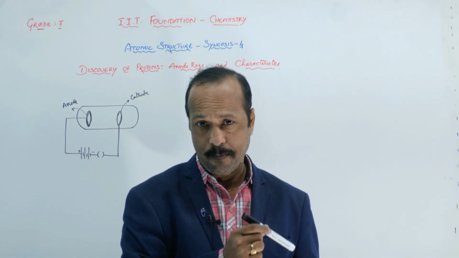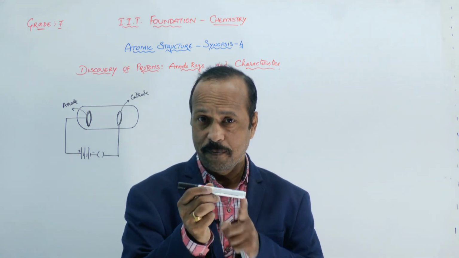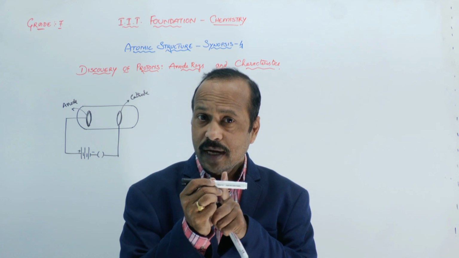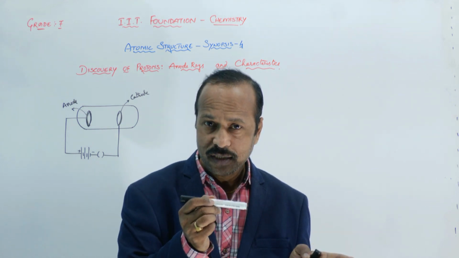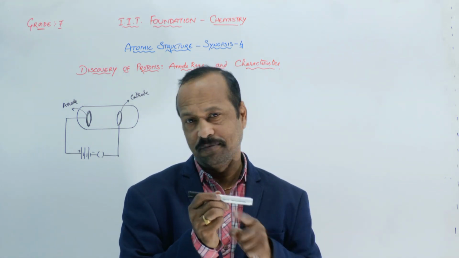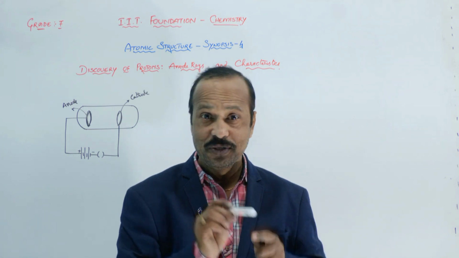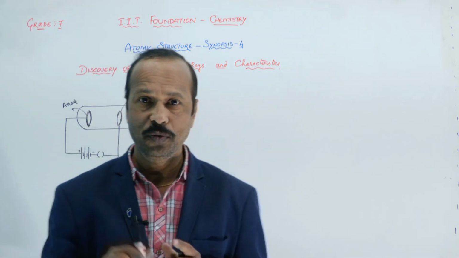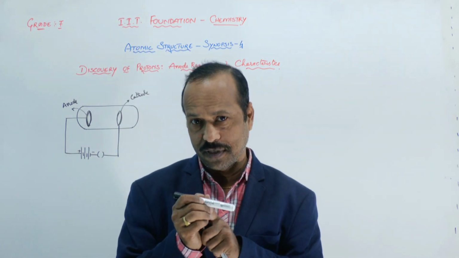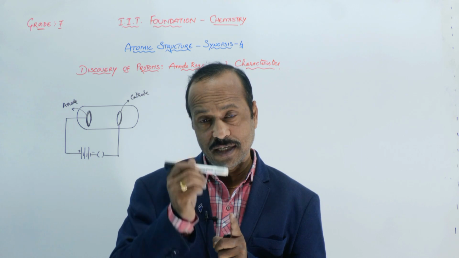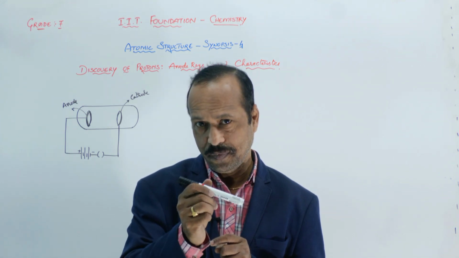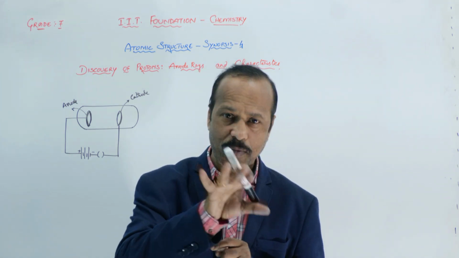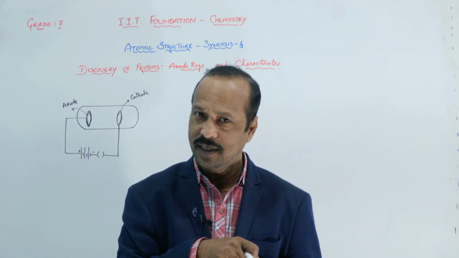But it is neutral. The meaning of neutral is zero. So, to balance the negative charge, an equivalent amount of positive charge should be here. Yes or no? To be neutral, if negatively charged electrons are present, then an equal amount of positive charge should also be there, right?